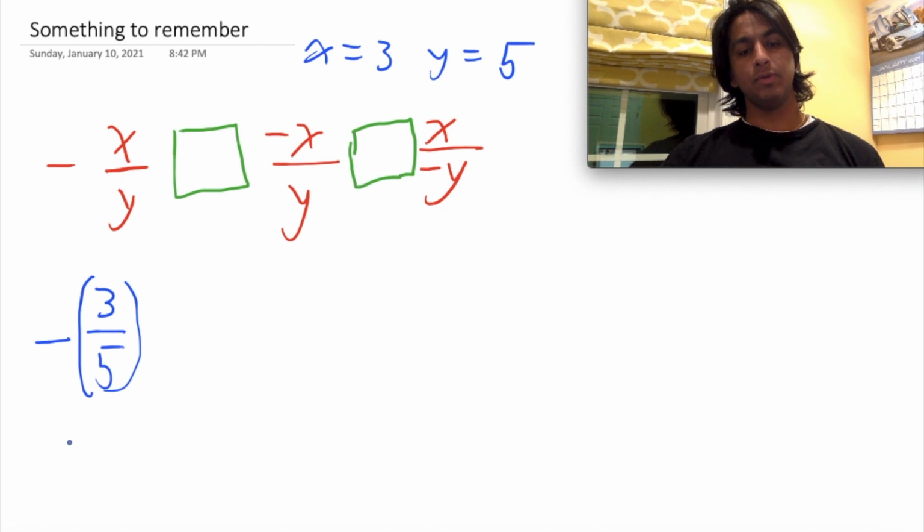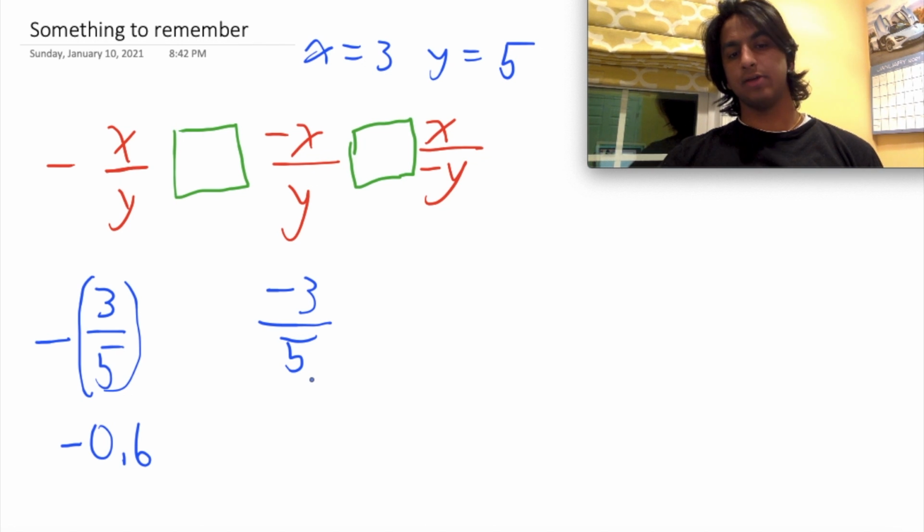Then what you hopefully got is -0.6. Okay, let's see what this one is. -3/5. Now you can plug this straight into your calculator. Remember, don't use the minus sign, use the negative sign when you're plugging in the negative. So -3/5 will also give you -0.6.